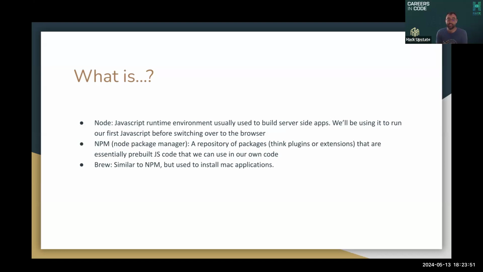And then we also just installed Brew. Brew is similar to NPM, but it's not specifically for Node. Brew is used to install any kind of developer or command line or terminal-based Mac applications. So you can use Brew to keep Git up to date. You can use Brew to install all kinds of helpful commands.